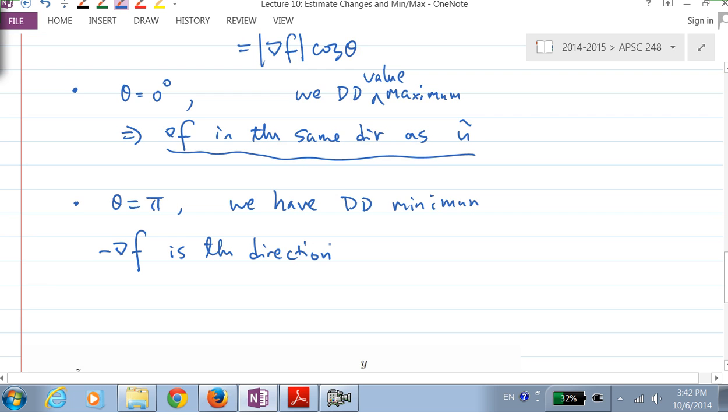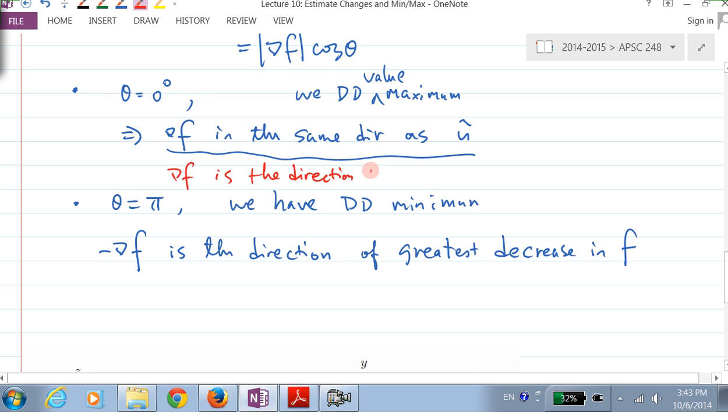In other words, negative del f is the direction of the greatest decrease in f. And the top one here, you can see that del f is the direction of greatest increase in f. All right?